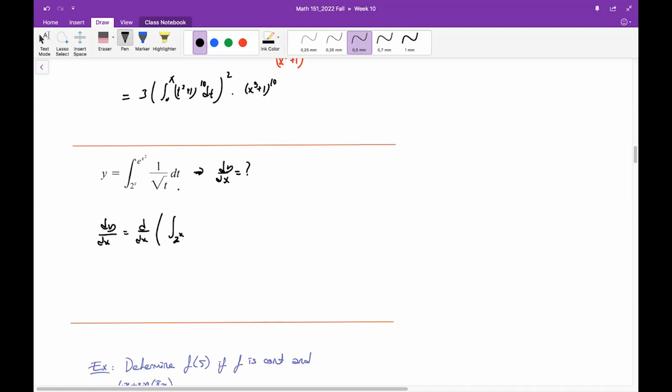The integral from 2 to the power x to e to the power x squared of 1 over square root of t dt. Okay, this fits the structure of the fundamental theorem of calculus, but you see there is no constant here. You can apply FTC as long as you have a constant at the bound. So it should be a constant.